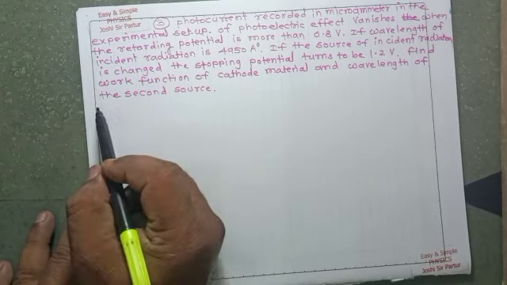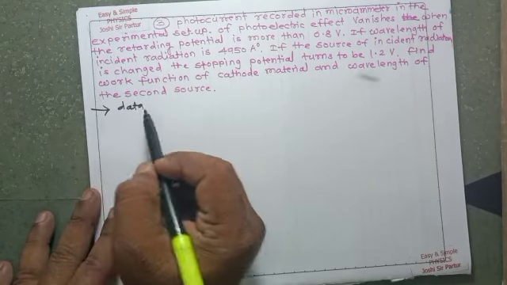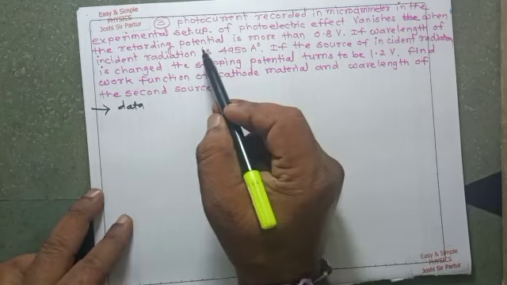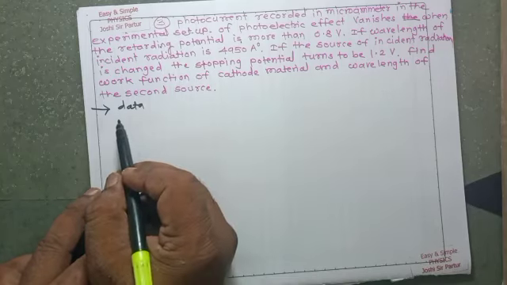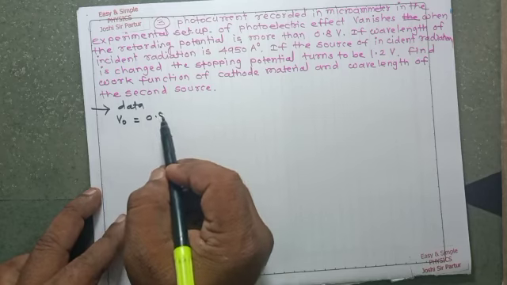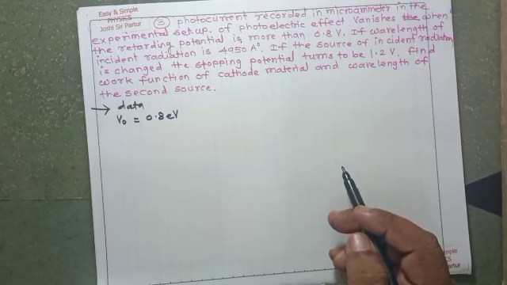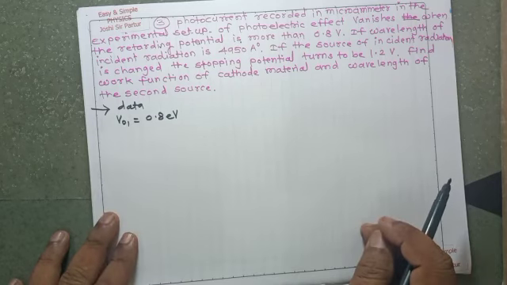So for this, first we want to write out the data. The data is given as: retarding potential is more than 0, means V0 is equal to 0.8 electron volt, or V01 is 0.8 electron volt.